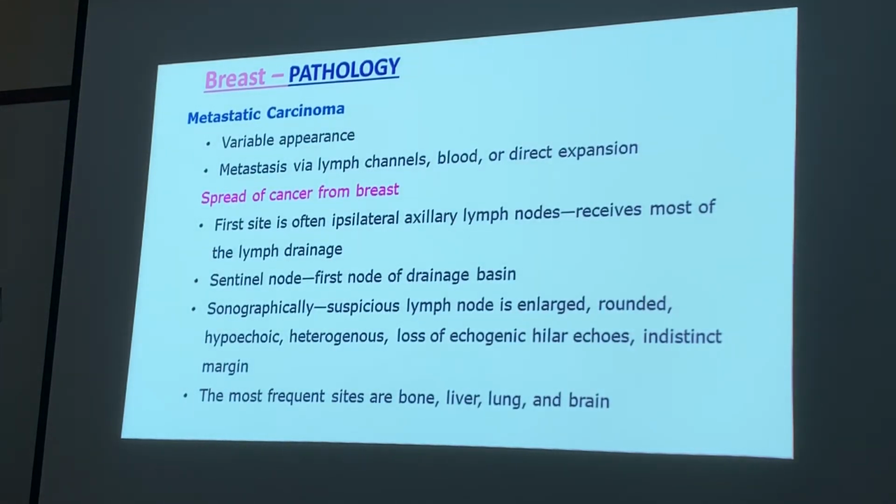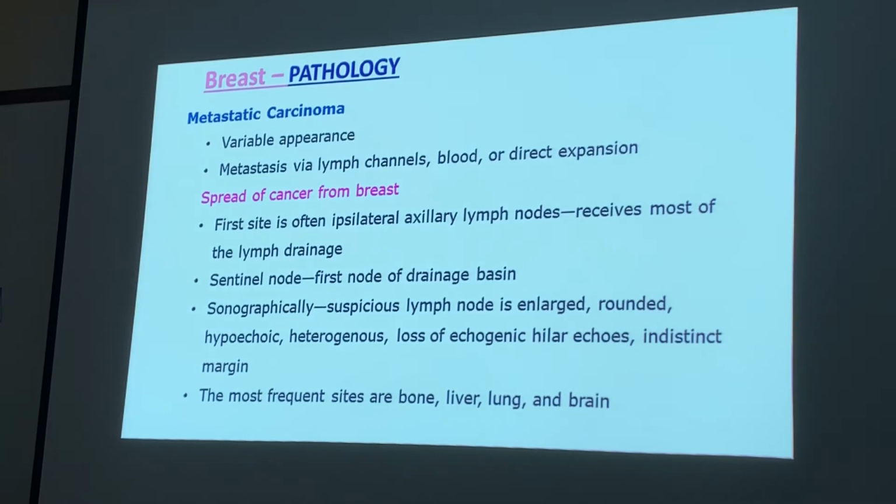Okay. Metastatic carcinoma has a variable appearance, and the mets travel via lymph channels, blood, or just direct expansion from nearby or neighboring organs. All right. So the spread of cancer from the breast is one way to metastasize, meaning that you have breast cancer and now it's spreading somewhere else.